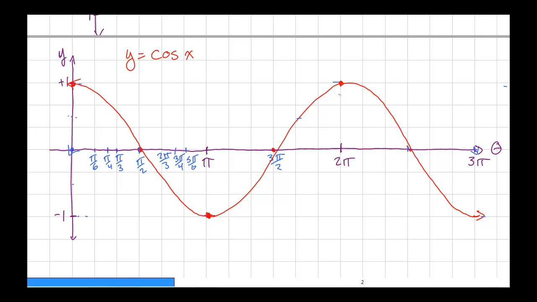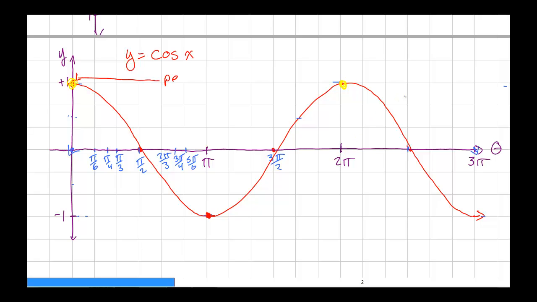Now, there's some language that we need to know. The horizontal distance between one point, like this one, let me highlight that in yellow here, between this one and an identical point like this one over here at 2 pi, that's called the period.